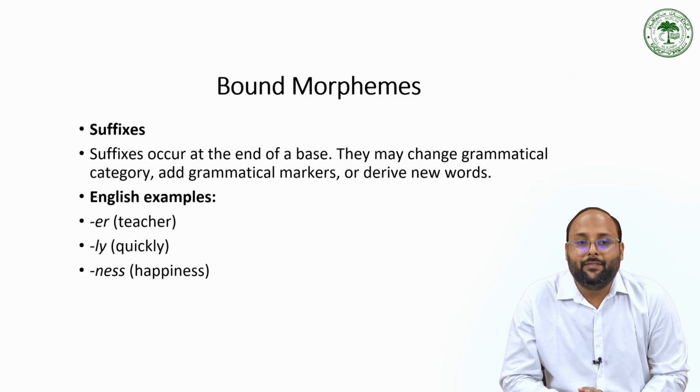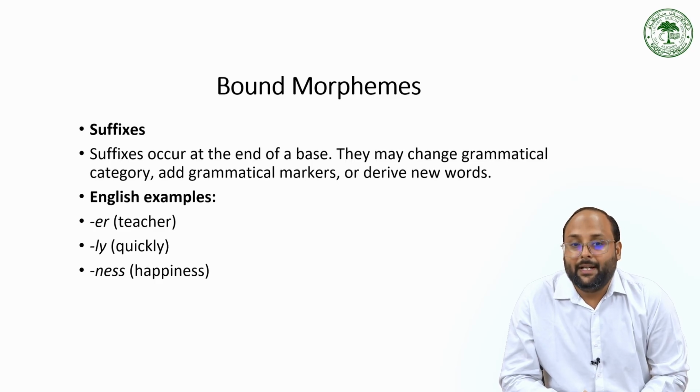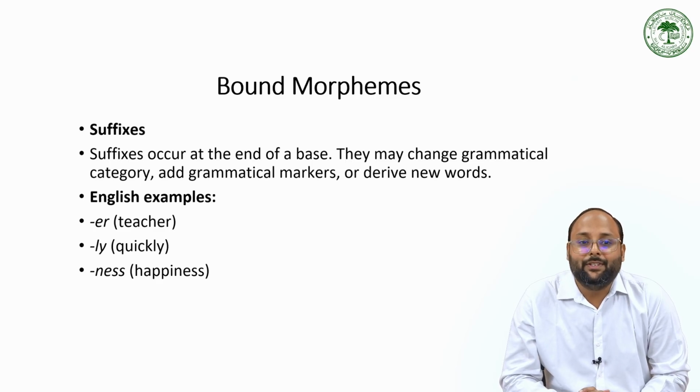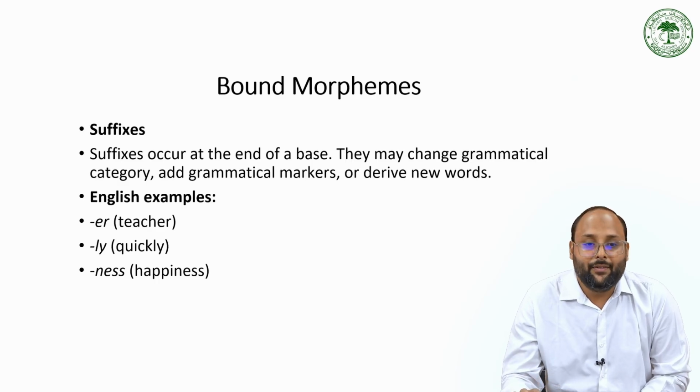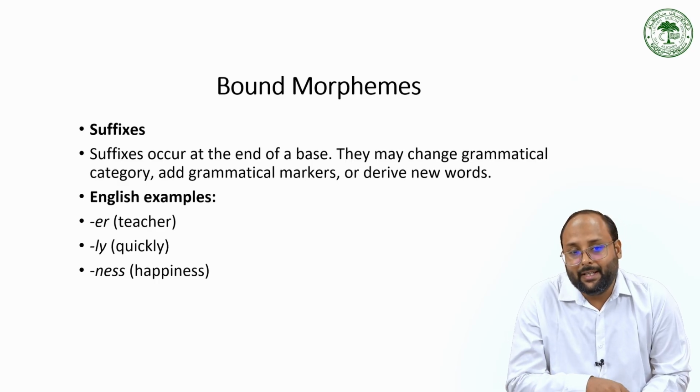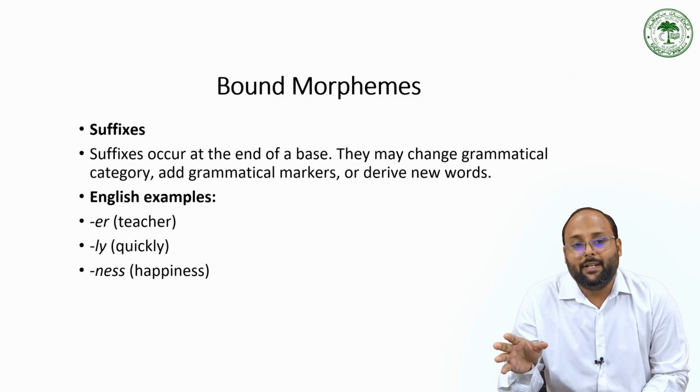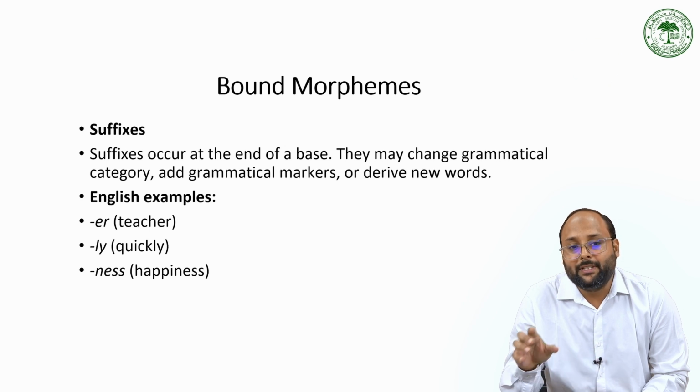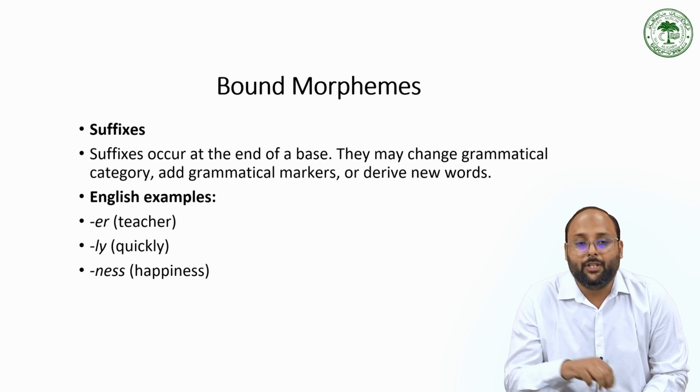Those suffixes which change the word class are called derivational suffixes, and those which do not change the grammatical class are called inflectional suffixes. So here er, ly, and ness are derivational suffixes because they change the word class. From teach it becomes teacher, so teach is a verb and teacher is a noun.